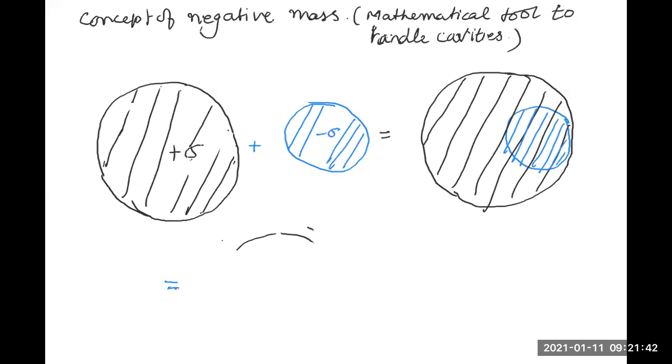Wherever you have positive mass density coexisting with negative mass density, the net mass density in that region will be zero.